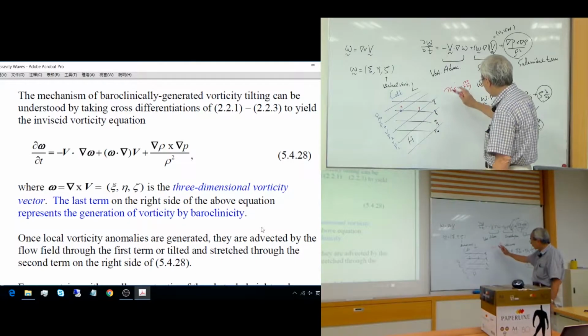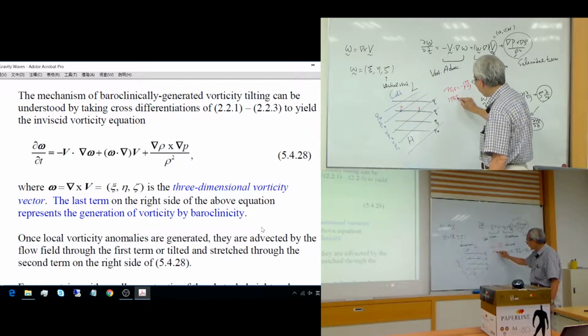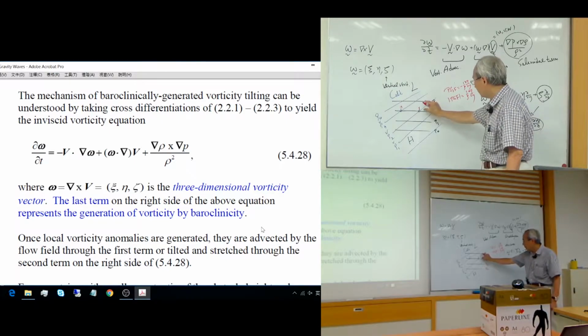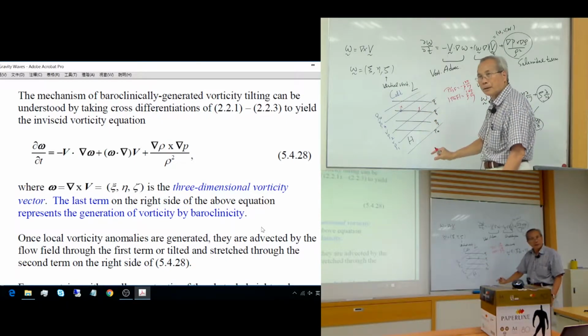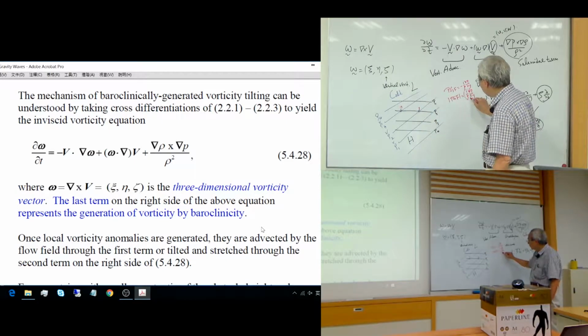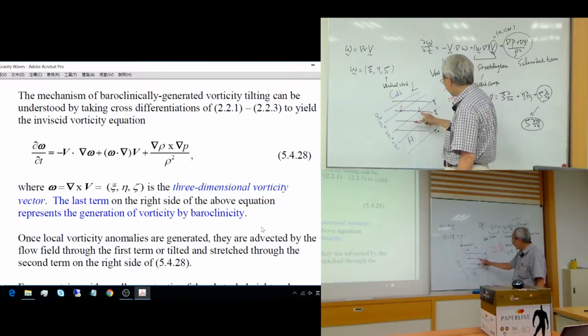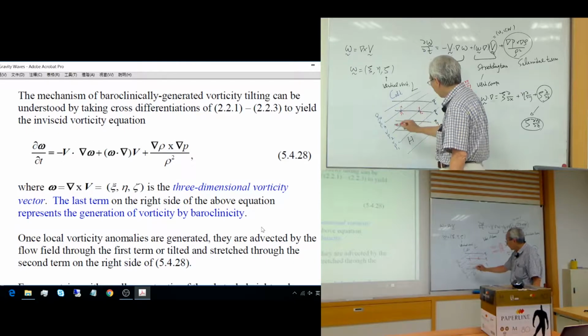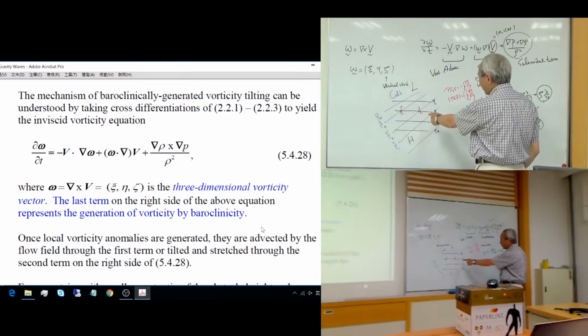We just look at the absolute value: 1 over rho dp dy, and dp dy is the same. So rho here is rho 2, here is rho 3, but rho 3 is larger than rho 2.